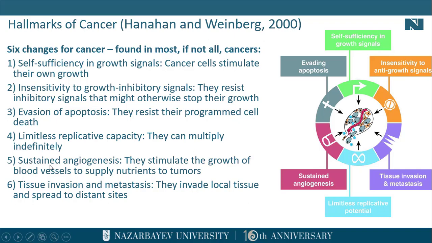The fifth is sustained angiogenesis. Angiogenesis is the formation of new blood vessels. What is really important for normal cells, to maintain and grow, is that they need to get oxygen that is coming from the blood. So a normal cell can get the glucose and oxygen that would promote its growth.